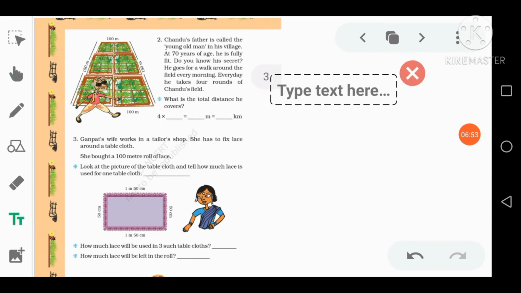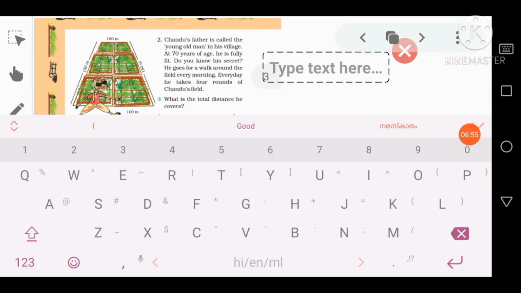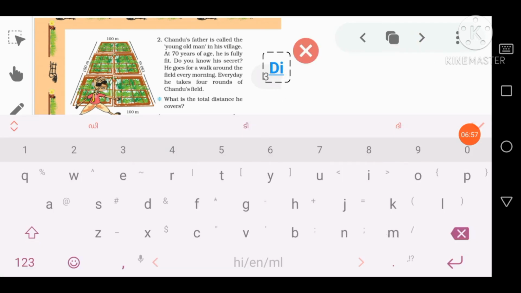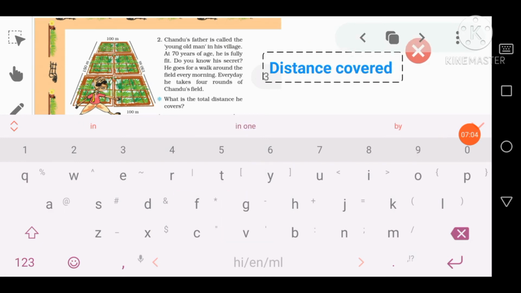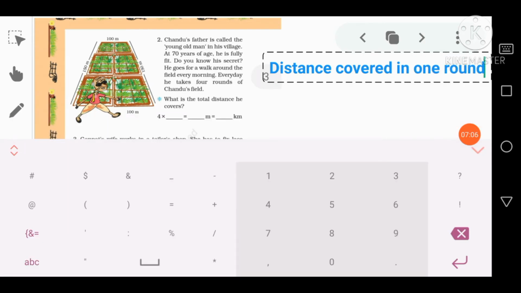So here you can write the answer. Distance covered in 1 round. Tell me.